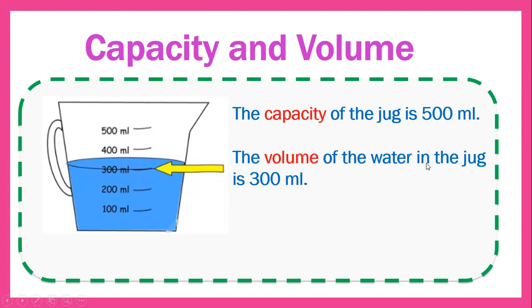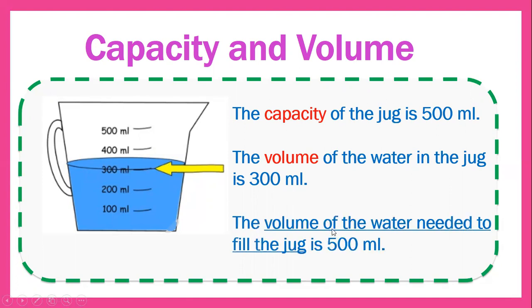The volume of the water in the jug is 300 ml. The volume of water needed to fill the jug is 500 ml. But since we already have 300 ml here, we only need 200 ml more to fill the jug.